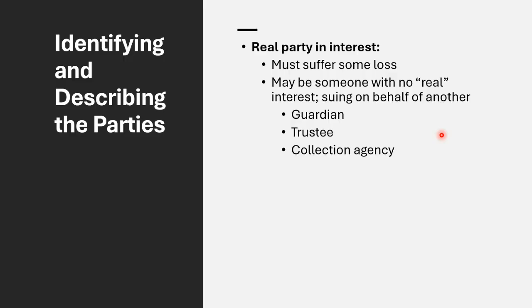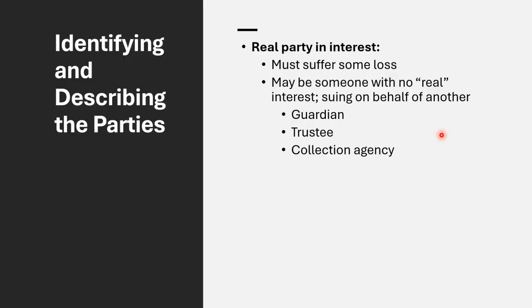Okay, so describing the parties and identifying who the parties are. In the last example I gave, a motor vehicle accident, the plaintiff is suing in her individual capacity. But again, there has to be a real party in interest, the plaintiff, and every defendant as well. So the plaintiff must suffer some loss. But someone may sue who has no real interest, on behalf of another.